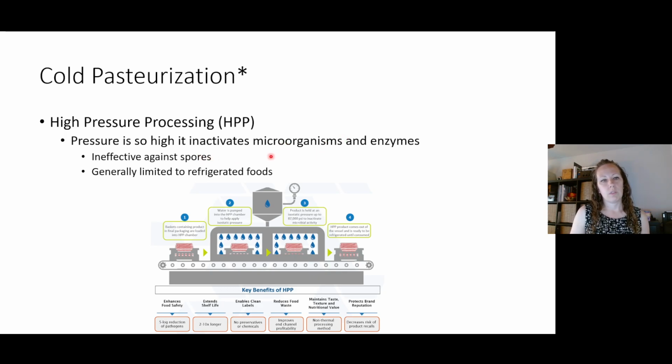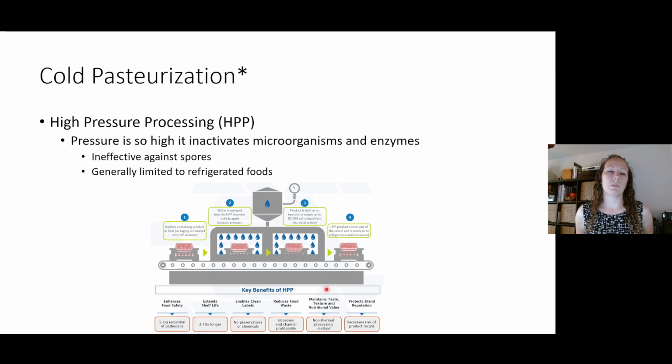Because of that, it's generally limited to refrigerated foods. You're not going to achieve sterilization with this at all. And so the HPP product comes out and is refrigerated, and it has a longer shelf life than other similar refrigerated products. It keeps most of its quality because you haven't done that thermal processing.